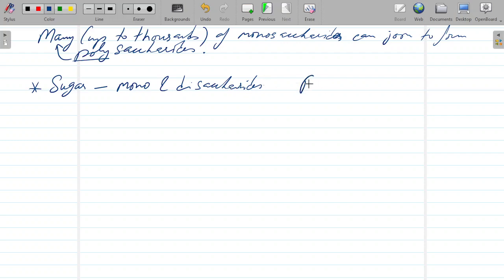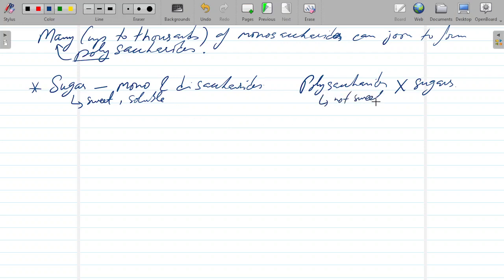Polysaccharides are not called sugars. The reason being, and this is not mentioned in your book, is that sugars are sweet and they are soluble in water. These are two reasons, whereas polysaccharides are not sweet and they're not soluble.